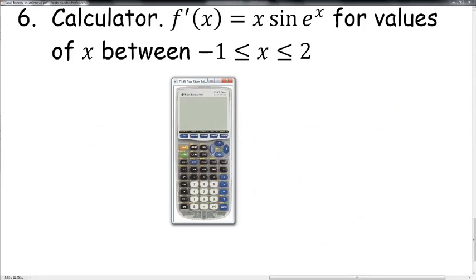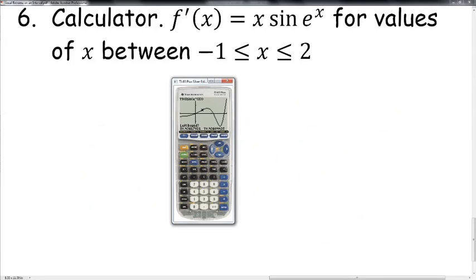So we have, let me get this back on again. So I'm going to do a second calc. I'm going to find the 0. My guess is probably going to be 0. Right bound, hit enter, enter. So 0, there's my minimum. My next is going to be a maximum.